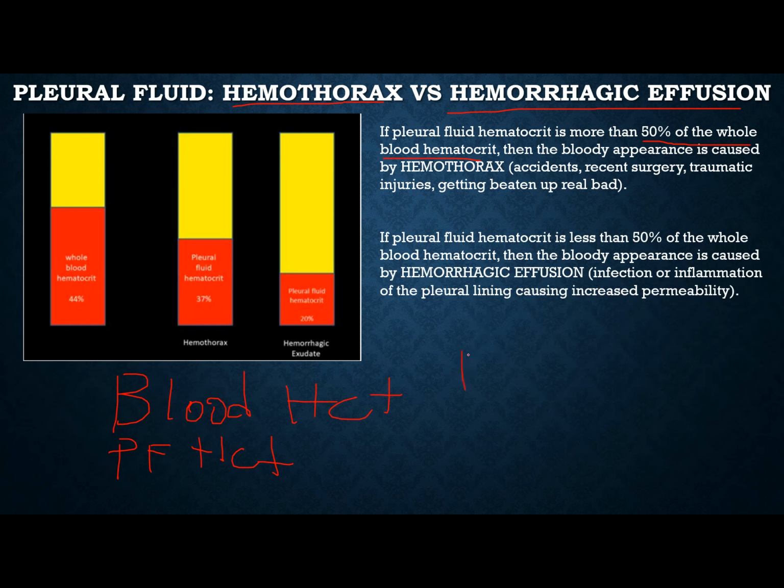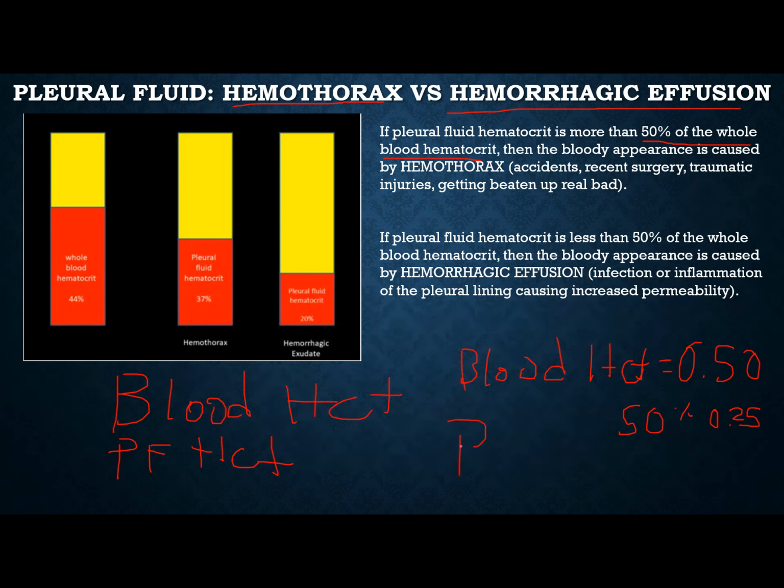So let me repeat class, if the pleural fluid is more than 50% of the blood hematocrit. So let's say ang whole blood hematocrit ng patient nyo is 0.50. So if we take the 50% of 0.50, 50% of 0.50 is 0.25.